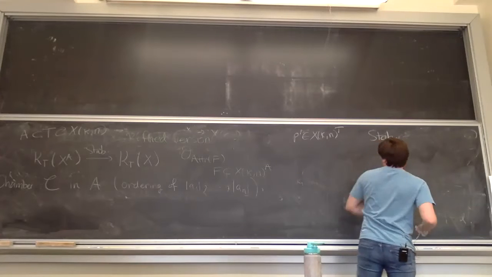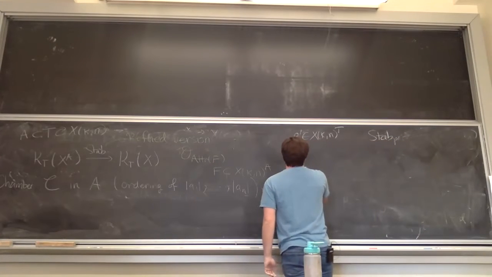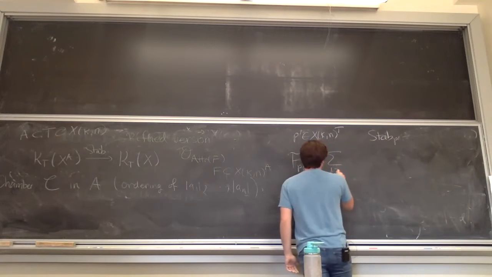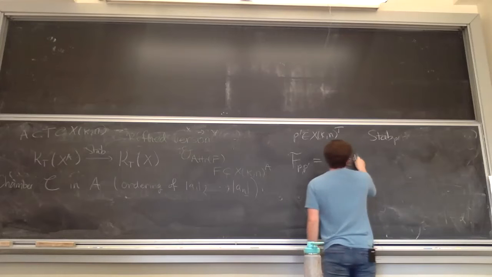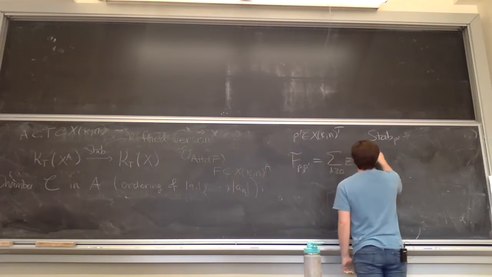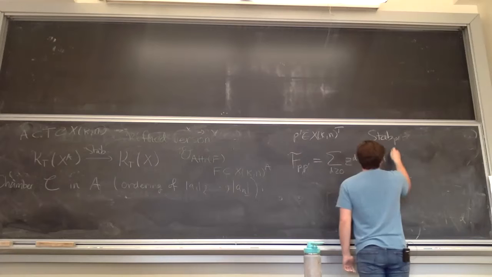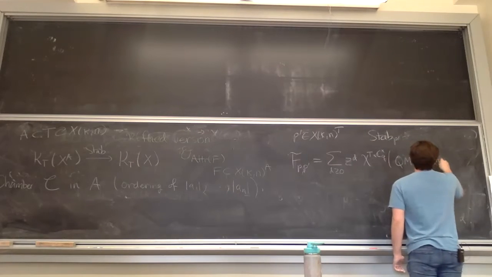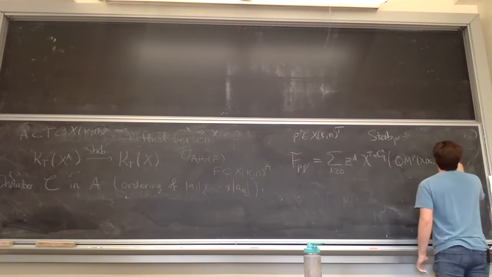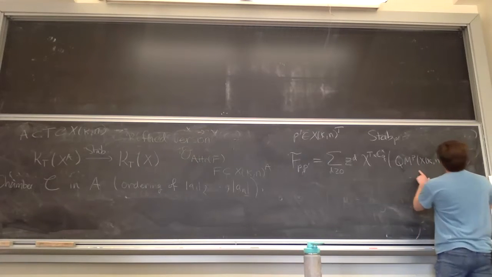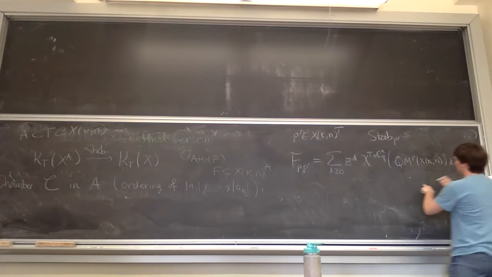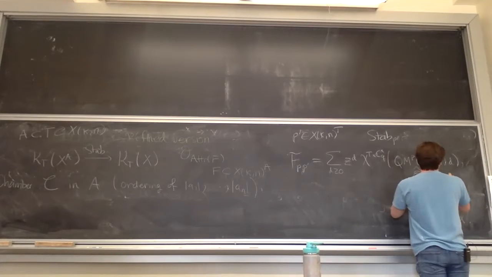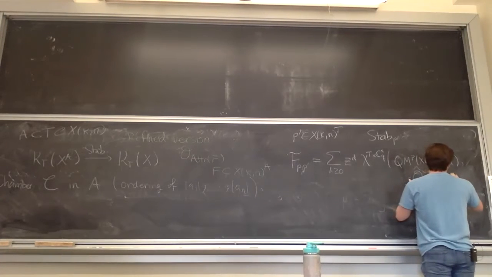And then you can study this object, which is defined in a similar way to Z. But now, instead of just looking at the character of the virtual structure sheaf, you tensor it with a pullback of stable envelopes under the evaluation at 0.